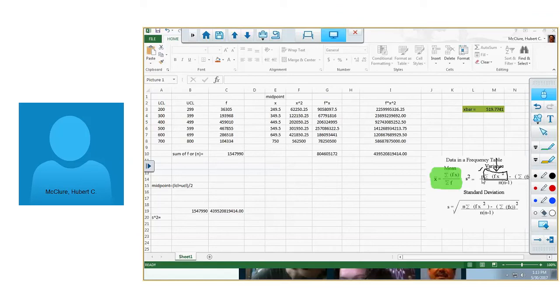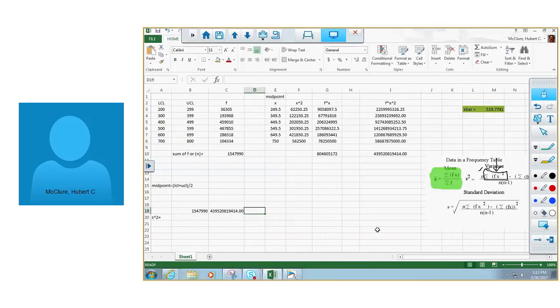Okay, so we got N is equal to that. The summation of F times X squared is equal to that. And I'm going to put the word minus. The reason I'm writing the word is that if I put a minus symbol there, it's going to say syntax error, and I've always done it like this. So just read the word.